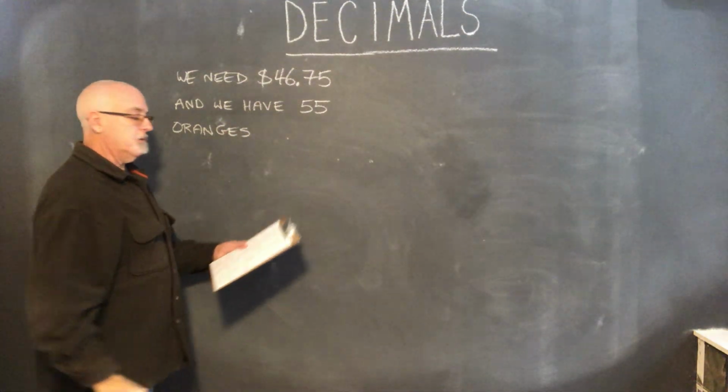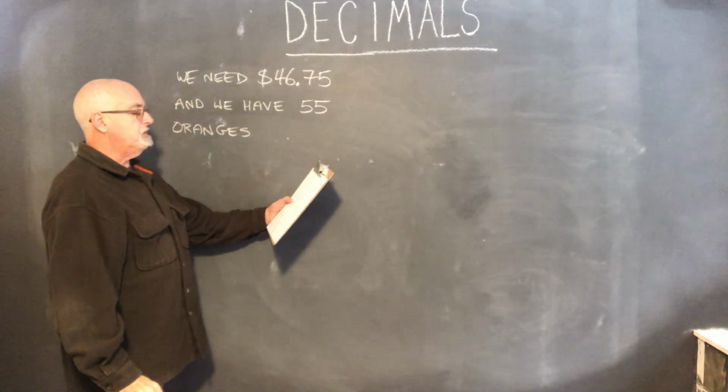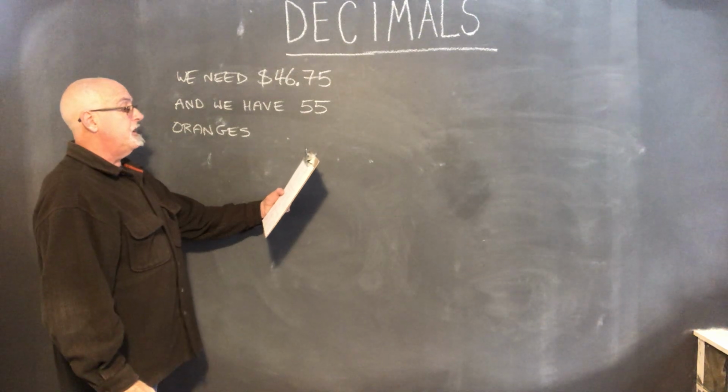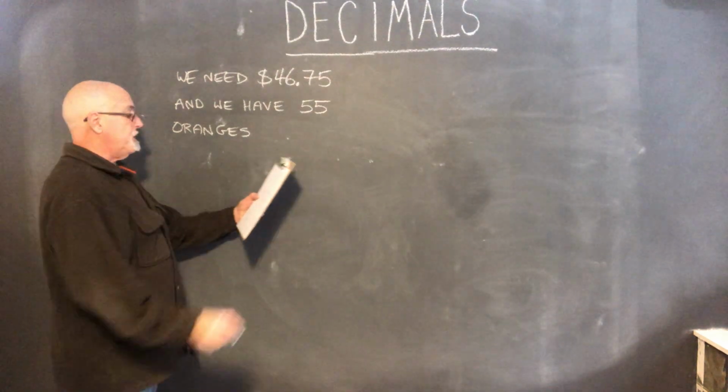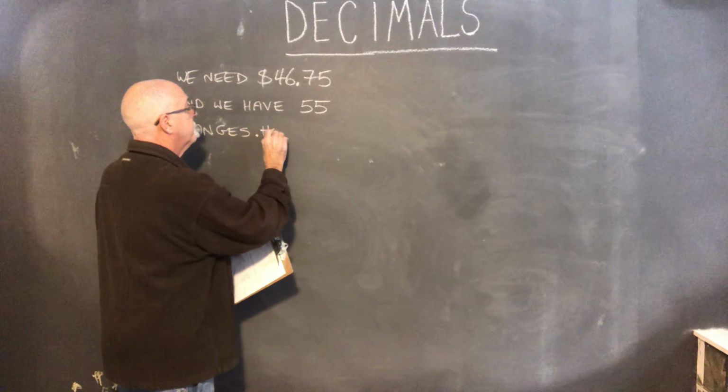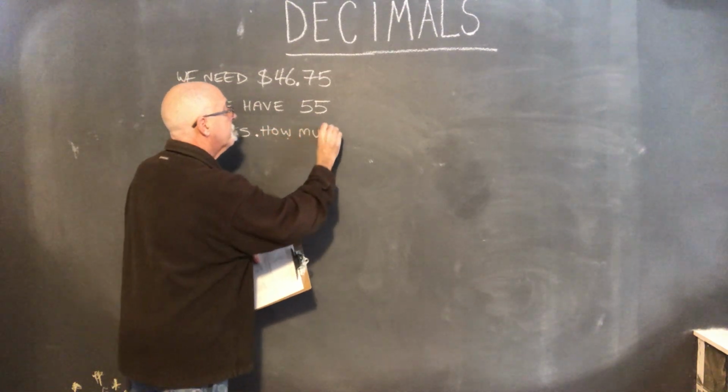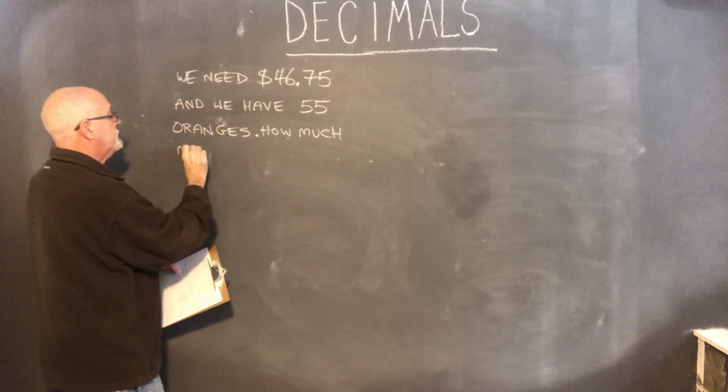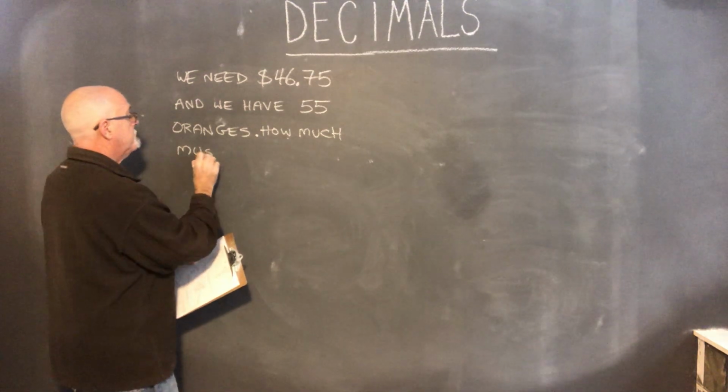Yes, fruit and vegetables will be a theme of my word problems occasionally. But I'm not finished. I have to ask the question. How much must we charge per orange?